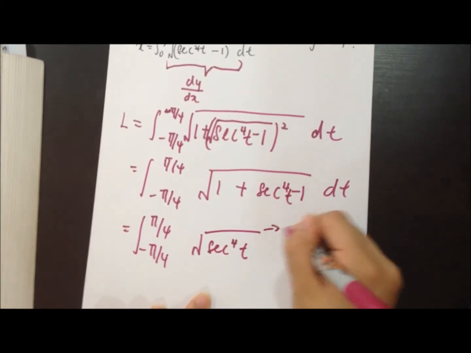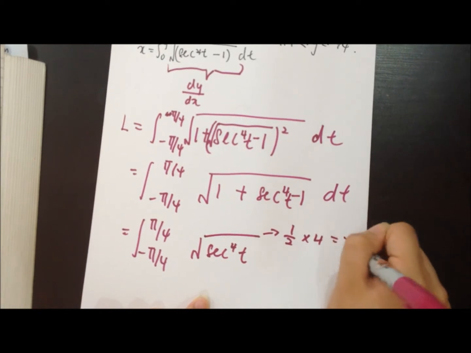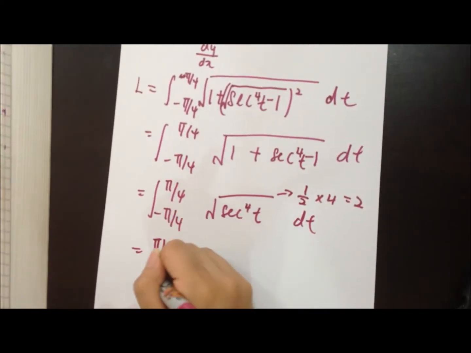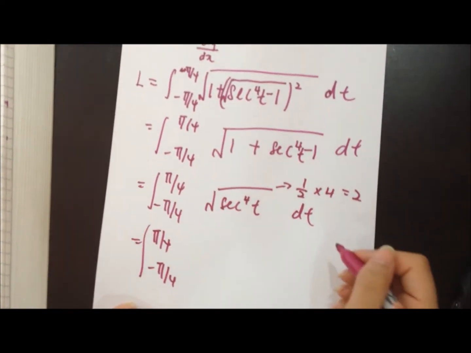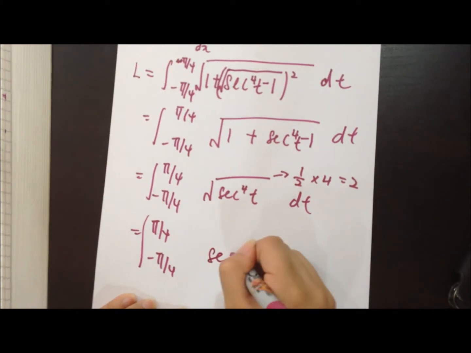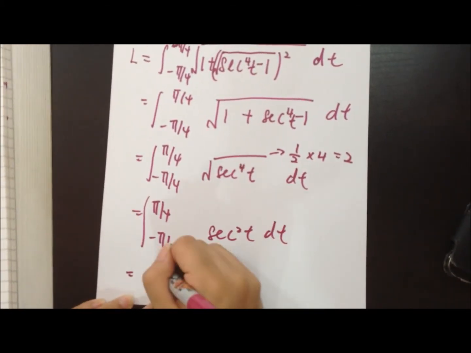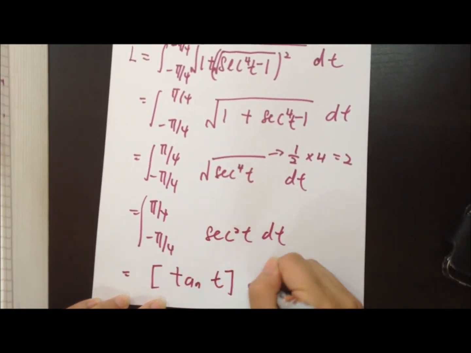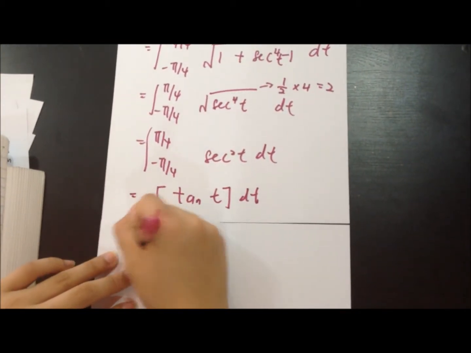Then the power of the square root is 1 over 2 times 4, which will become 2. So integration from minus pi over 4 to pi over 4, here will become secant squared t dt. After integrating it, we can straight away get tangent t.